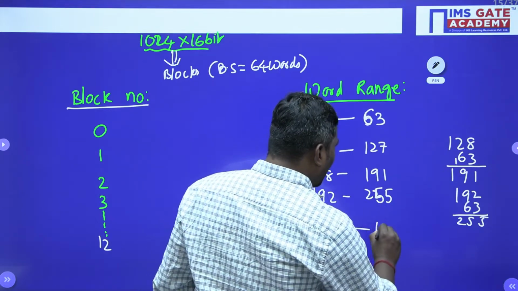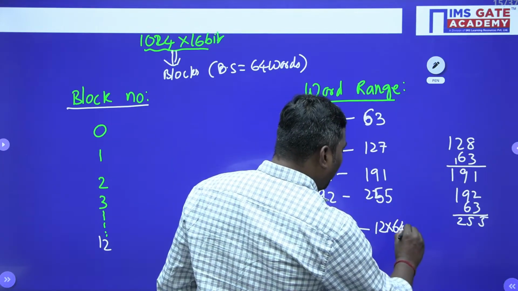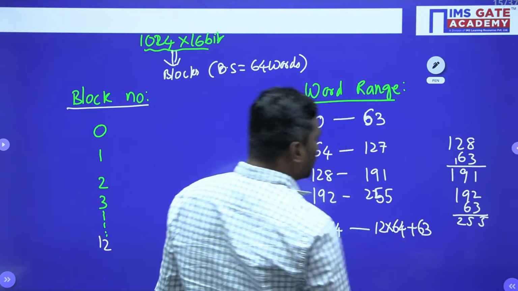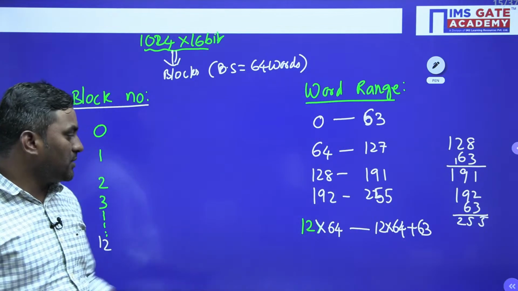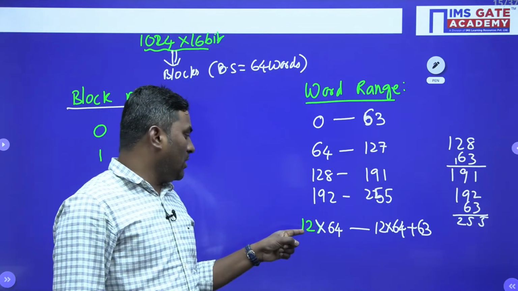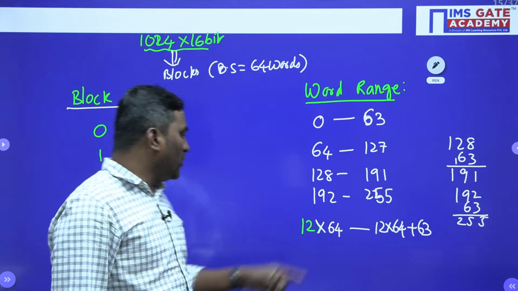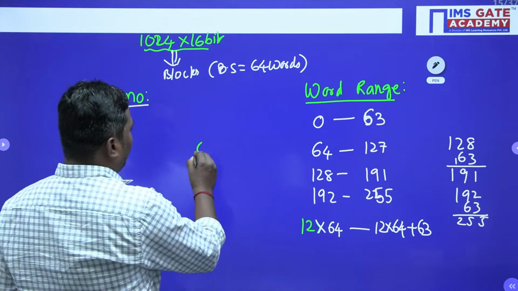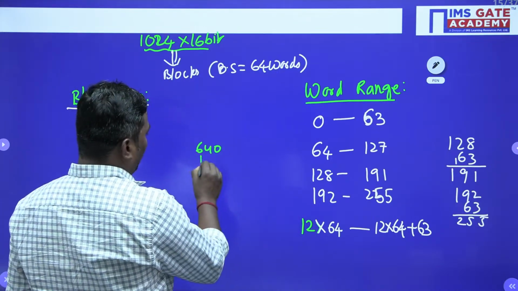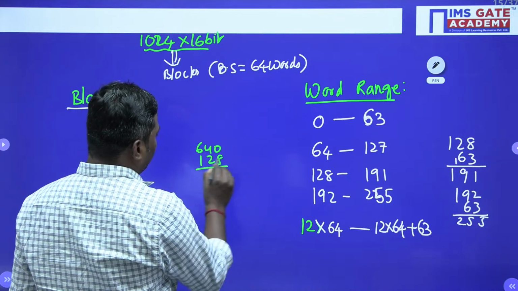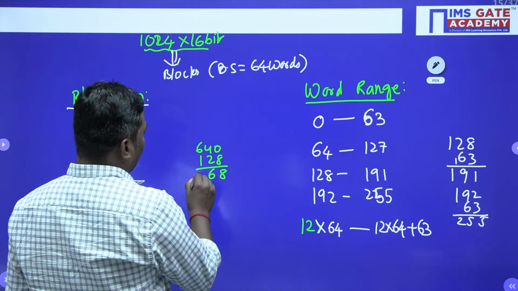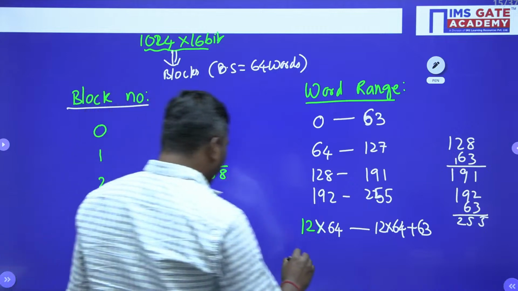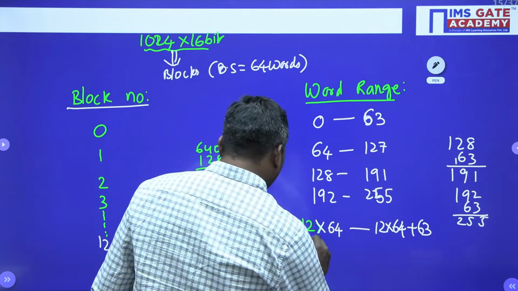So 12 into 64 plus 63 you have to add; this is the range it will give. I hope you understand. You can calculate this value like this: 640 plus 128, so 768. This gives the 12th block range.